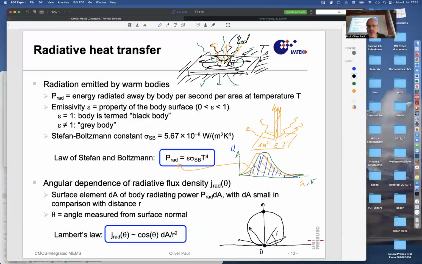So here is angle theta, and this radiative power distribution follows a cosine law. That is important to remember also. This cosine law is called Lambert's law, and it's interesting to think about where it comes from.